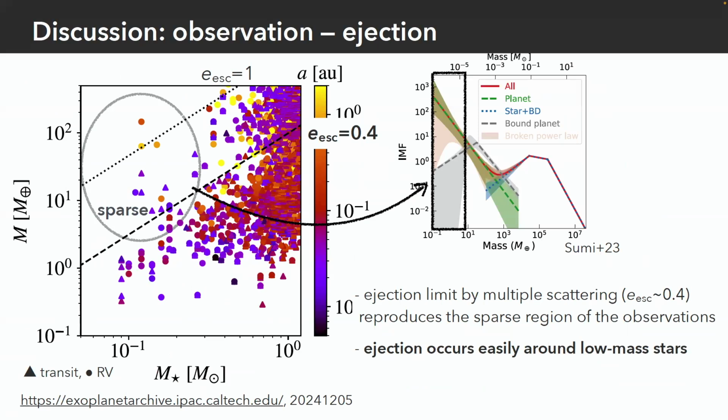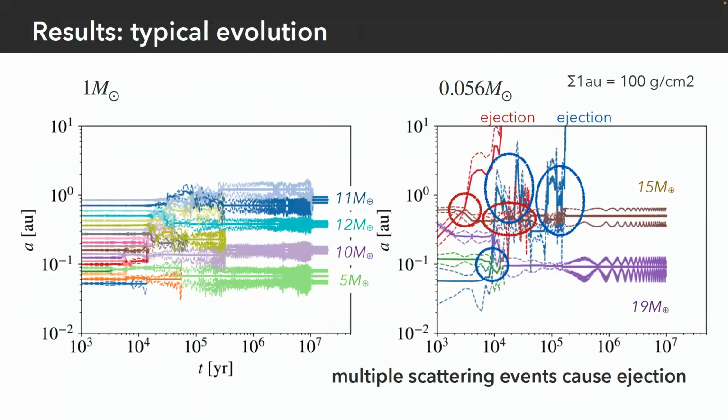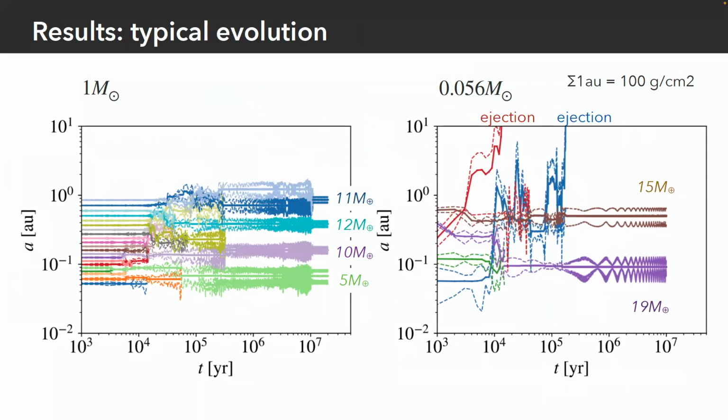Any questions? I think in the previous talk, the speaker said it takes a long time to eject the planets from a normal star, and that seems different from your result. So what's the main difference? Is it only that you are counting the double scattering and the previous talk is not?